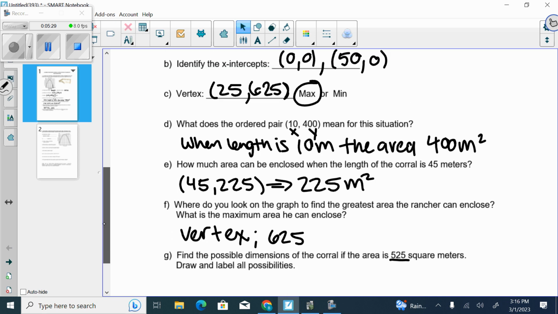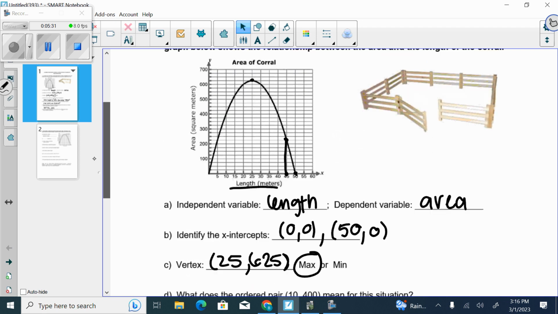So on my picture, I'm going to go up to where 525 is. So that's one line above 500, right? Okay, so that would be this line here. So how many times does my graph touch that line? Twice. So apparently there's 2 times it could happen, right? Okay, once, right here, when X is what?